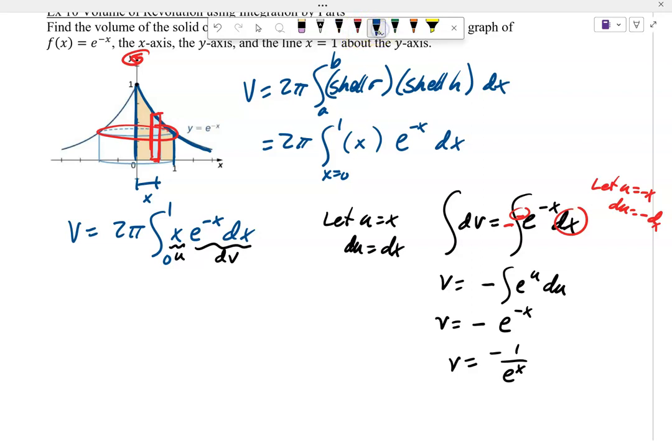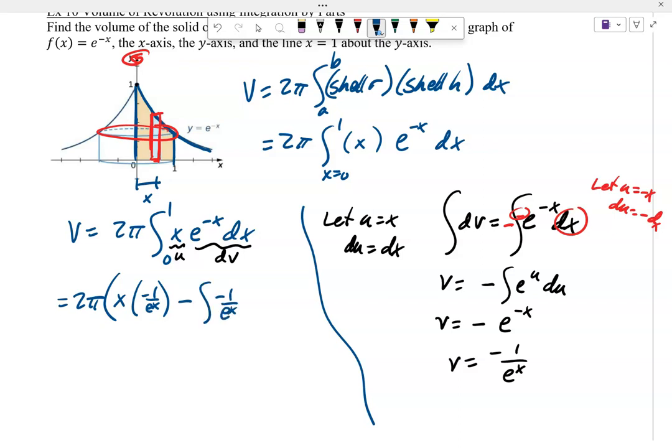And so let's go back to our volume now. So we've got 2 pi, and this integration of u dv becomes uv minus the integration of v du. Maybe I should make those brackets. Probably be a little better.